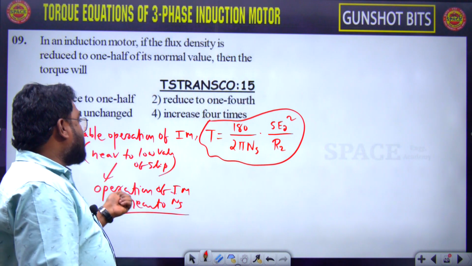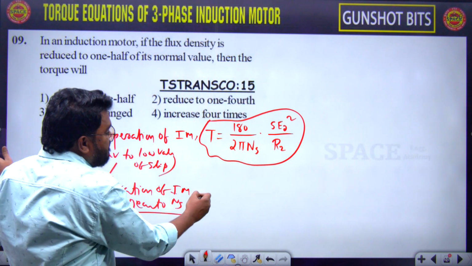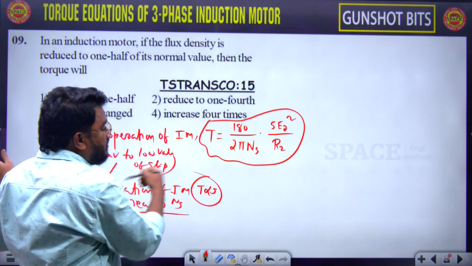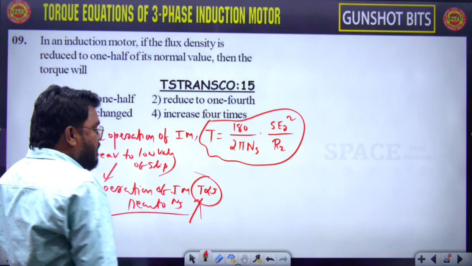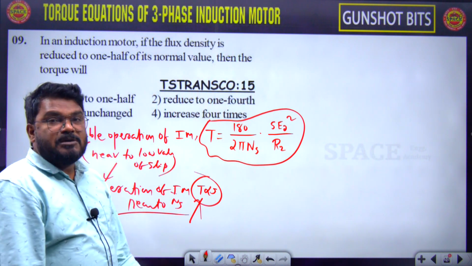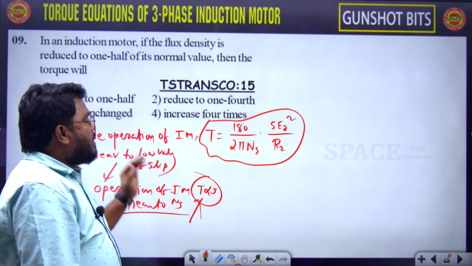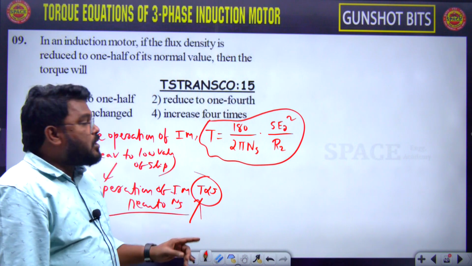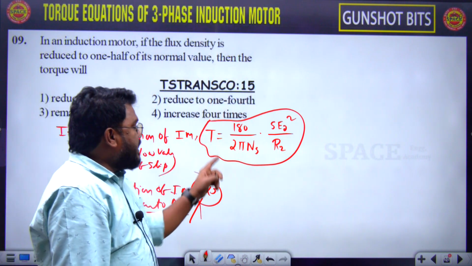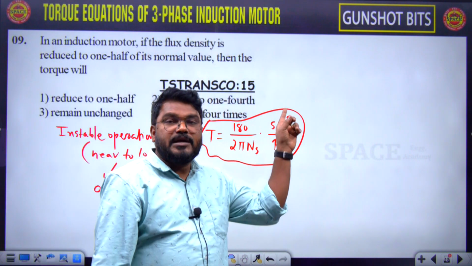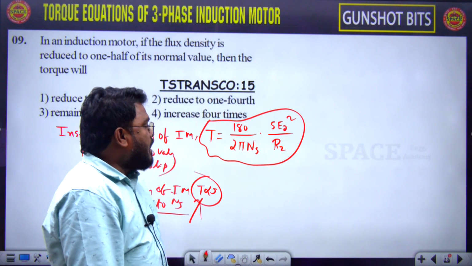For a low value of slip, the torque is directly proportional to the slip of the motor. This operation is known as the stable operation of the induction motor. For stable operation, torque is equal to 180 by 2 pi ns into sE2 square divided by R2.